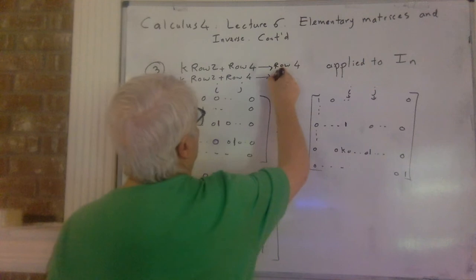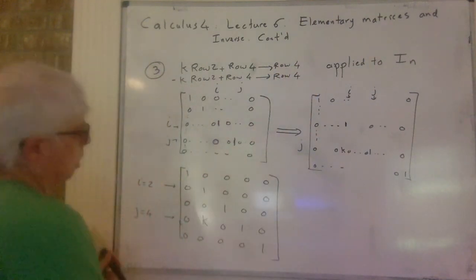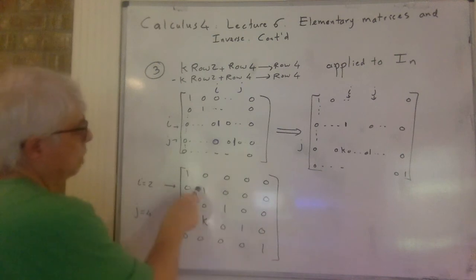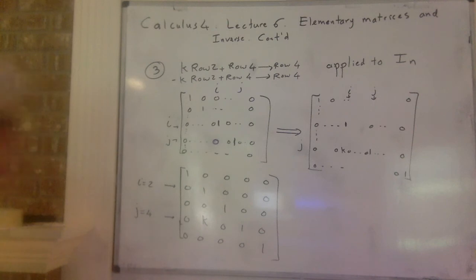If I do that, I'm multiplying this by minus k and adding to this. This is 0 then, nothing else happens. So if I apply this, I will get I5 back.